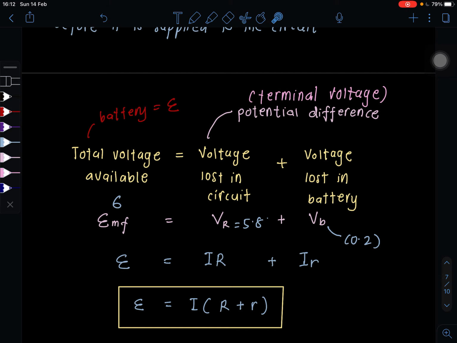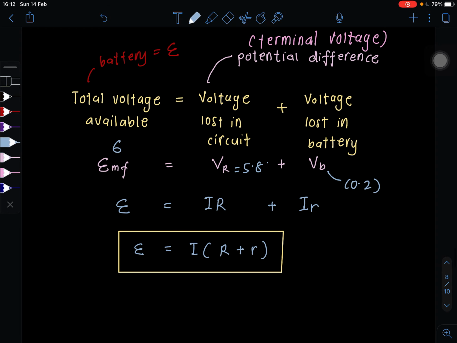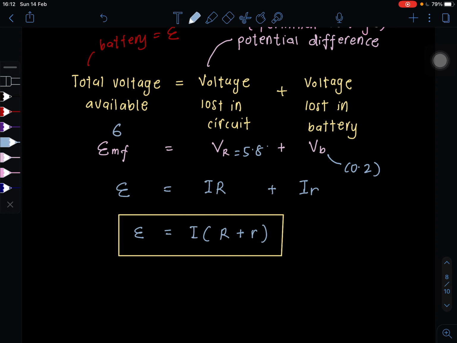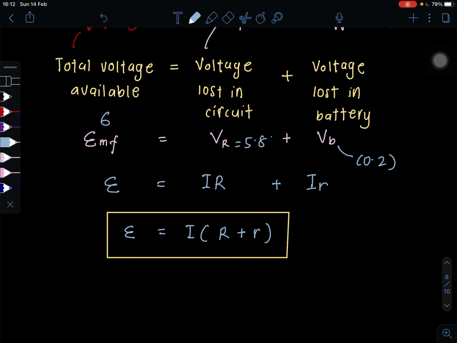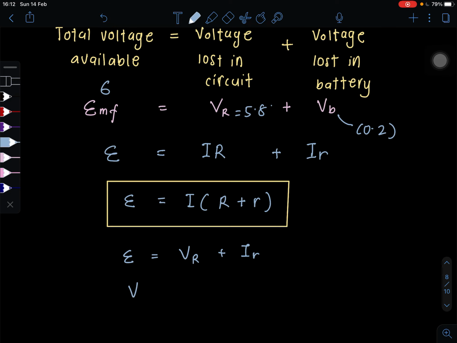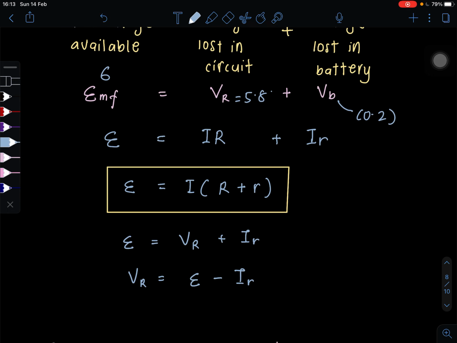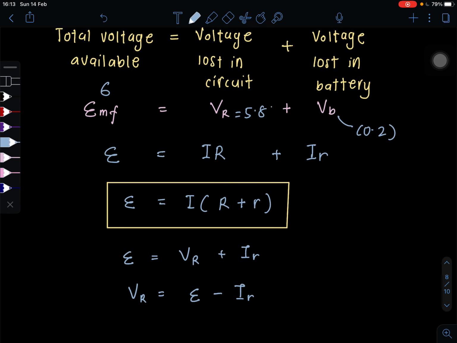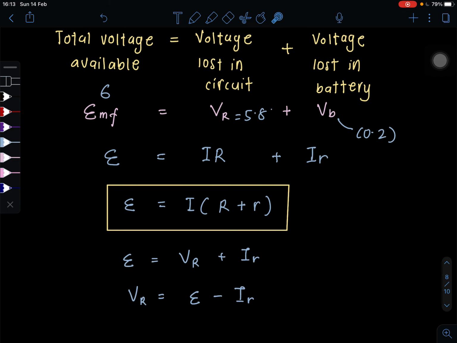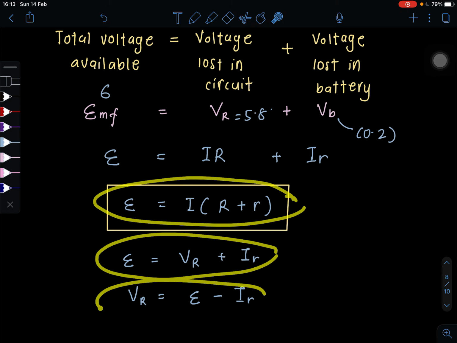So you can understand that we either use this formula here or another formula. If you look at your notes, if we rearrange, we have this plus IR, or to get the value of V, which is the potential difference, E minus I times the small r, which is the internal resistance. So depending on the information that we have, we look at which formula to use. This one, or this one.